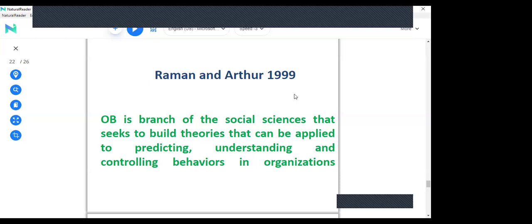Then, my dear student, the organization behavior subject is also under the social science subject. When you predict something, it also engages with your organization behavior.